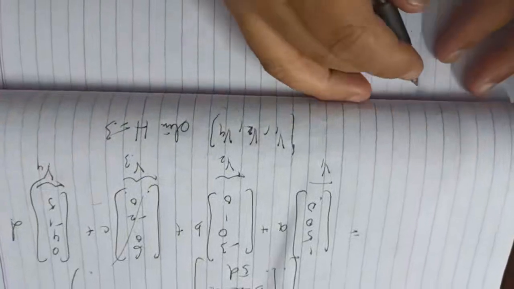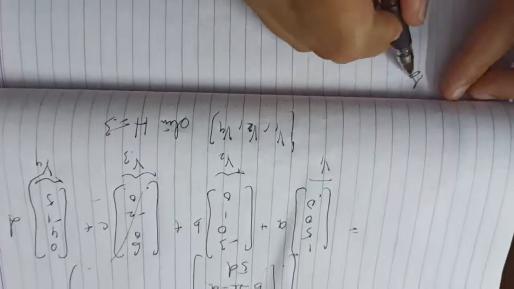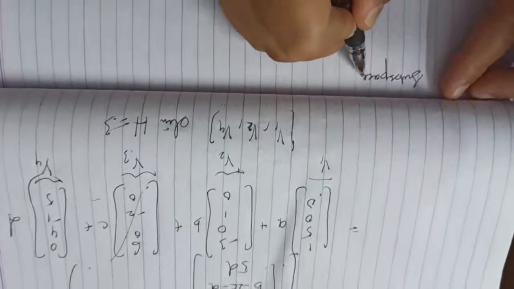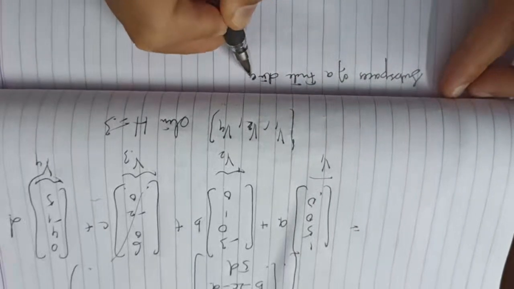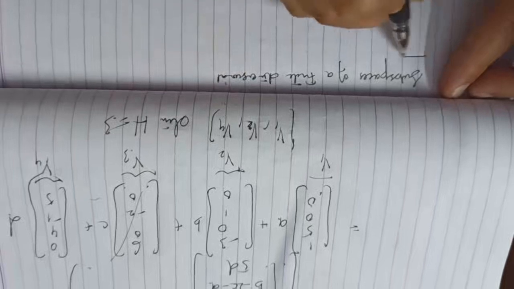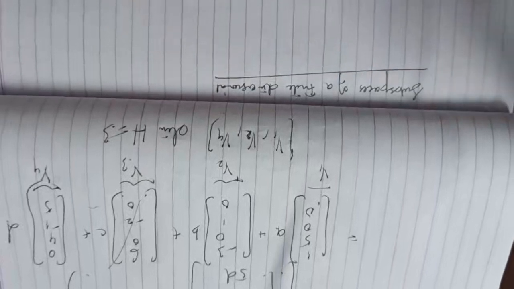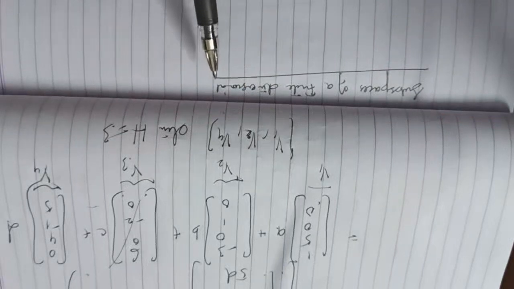Now there could be further subspaces of a finite dimensional space. All of the examples that we covered so far are actually examples of subspaces of a finite dimensional space.